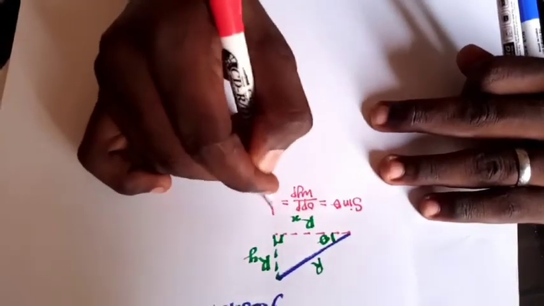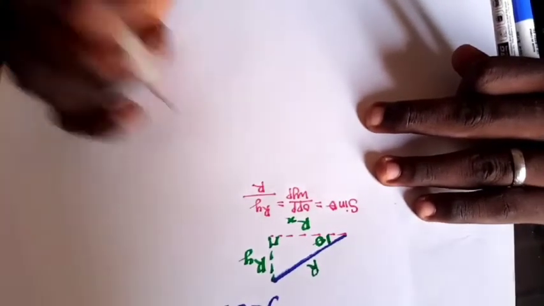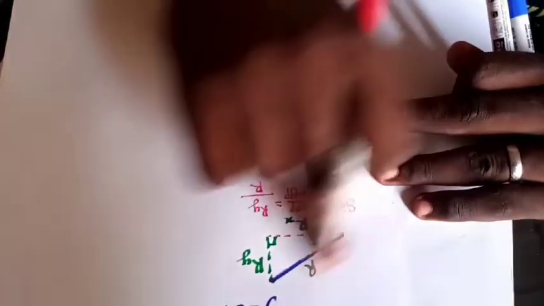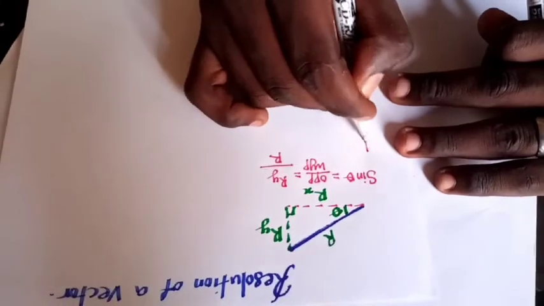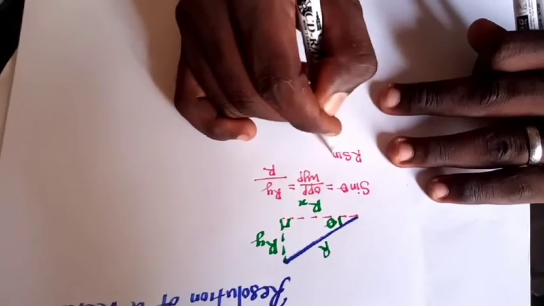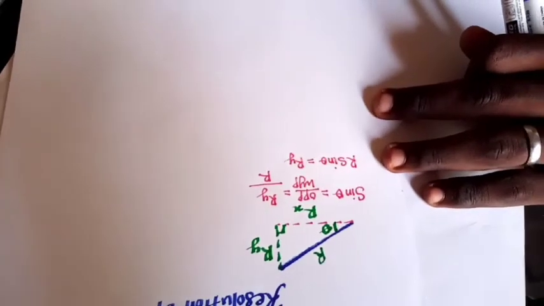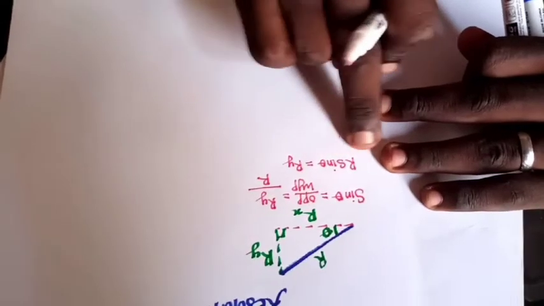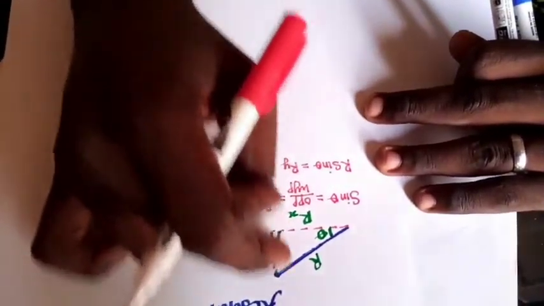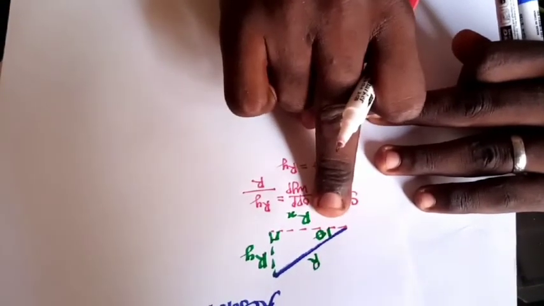So the opposite in this case will be Ry and the hypotenuse will be R, which is the main vector that we are talking about. So if I cross multiply, I will have that R sine of theta is equal to Ry. This R sine theta happens to be the value of the vertical component of R when it makes an angle theta with the horizontal.